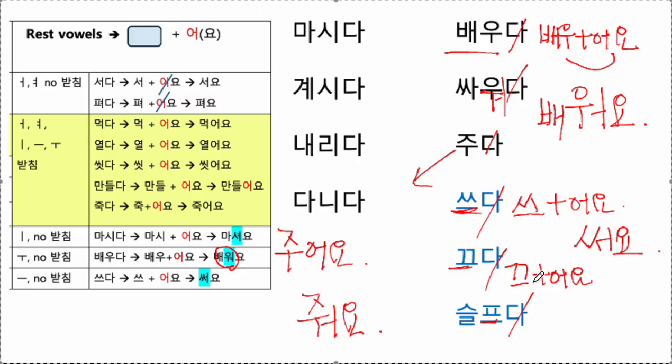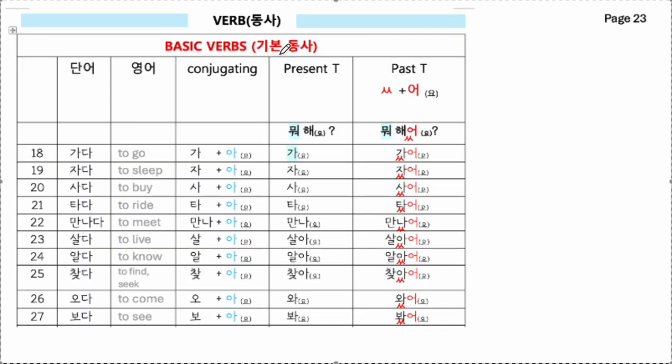Same thing, 꺼요. So what do? We drop this vowel and we just say 써요, 꺼요, 슬퍼요. Okay, so that's that. So we just went over the present tense, conjugate and then present tense.